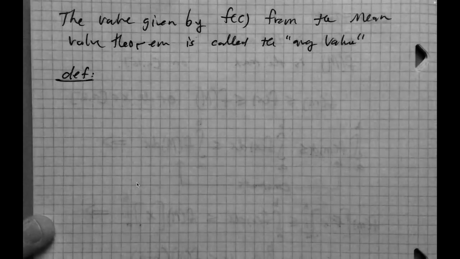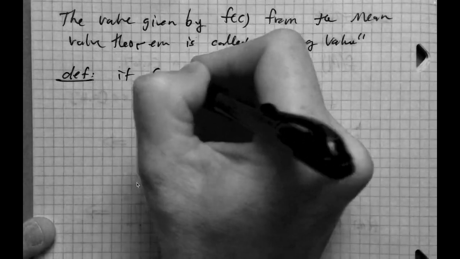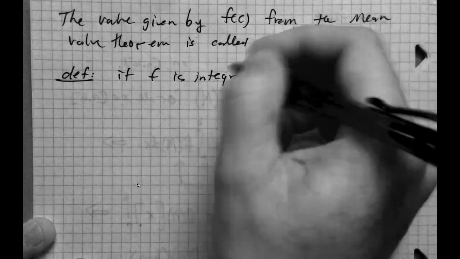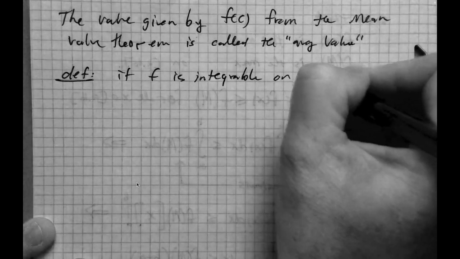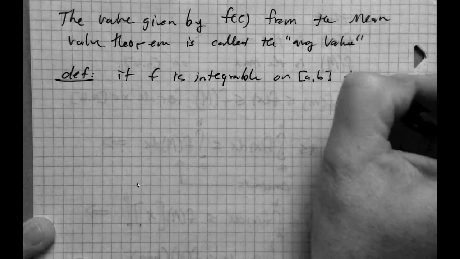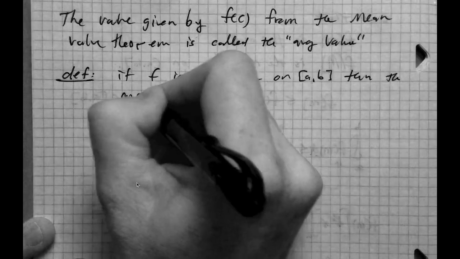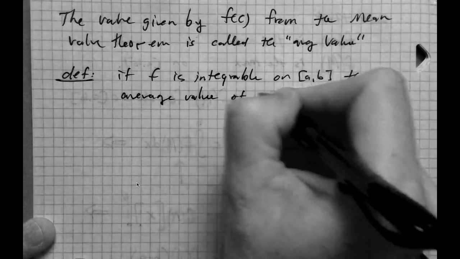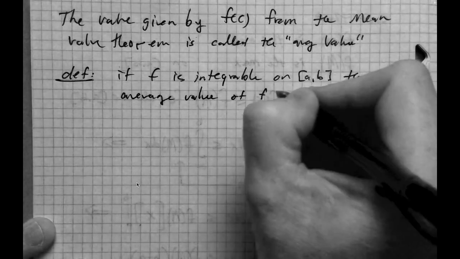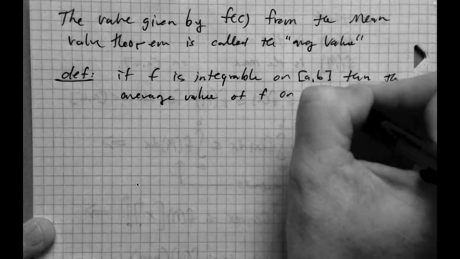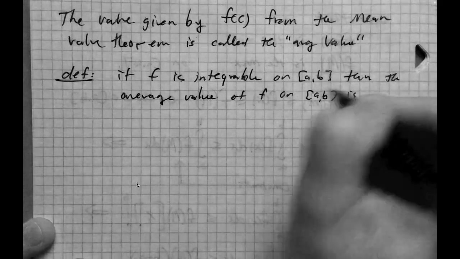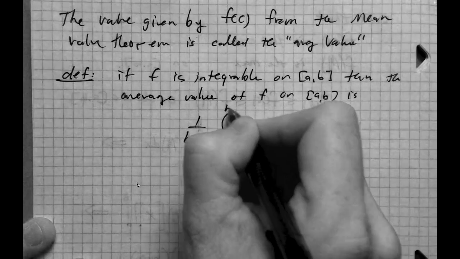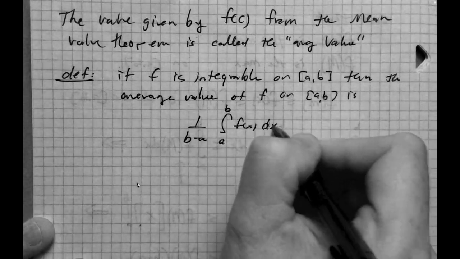So let's actually define this here. Definition: if f is integrable on [a, b], then the average value of f on the interval is 1 over b minus a times the integral from a to b of f of x dx.